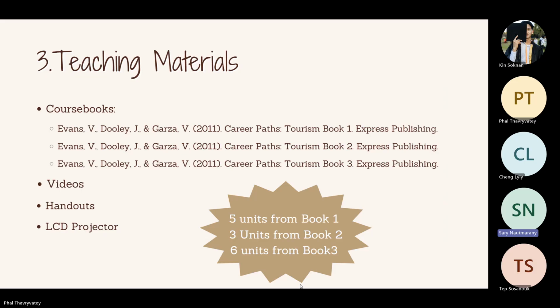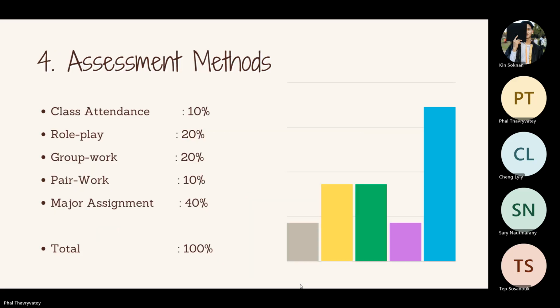As I also show here, 5 units from book 1, 3 units from book 2, and 6 units from book 3. We also involve 3 videos and maybe some others related to our content, as well as the handout, which focuses on the script. And of course, we also involve an LCD projector as well.